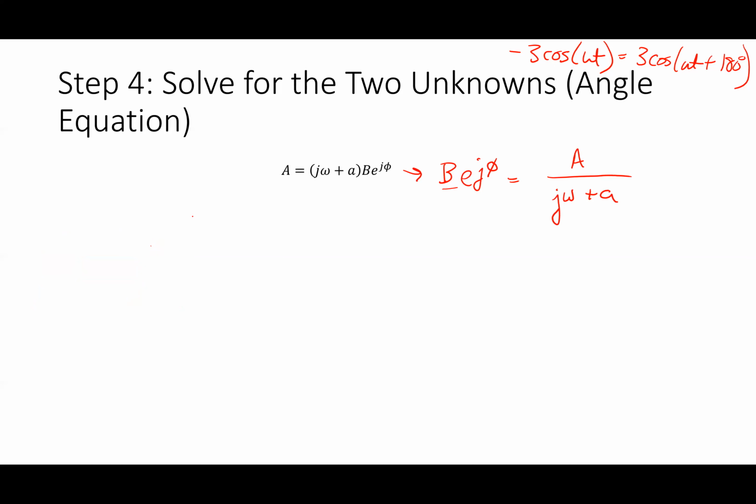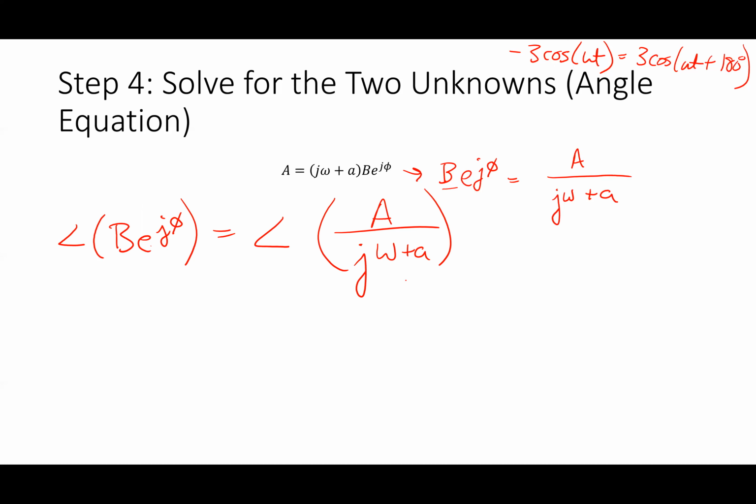Okay. So what I want to do here is get another equation from this. This equation here, there's an angle equation. So in other words, I can look at this and say the angle of B e to the j phi has got to be equal to the angle of A over j omega plus a.